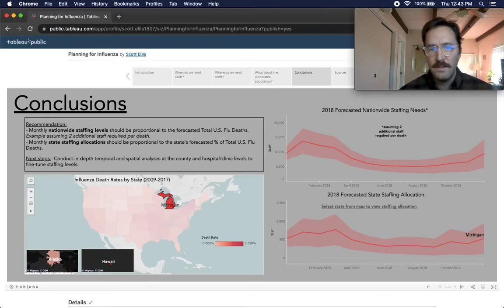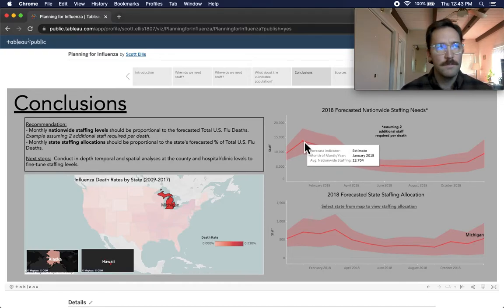First, in the top right chart, monthly nationwide staffing needs should be proportional to the forecasted total flu deaths. Based on the assumed staffing ratio of 2 additional staff per death, you can see that in January of 2018, 13,704 additional staff would be required.